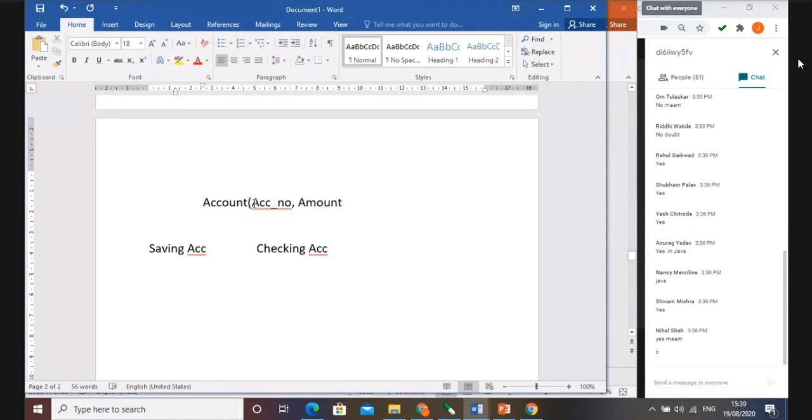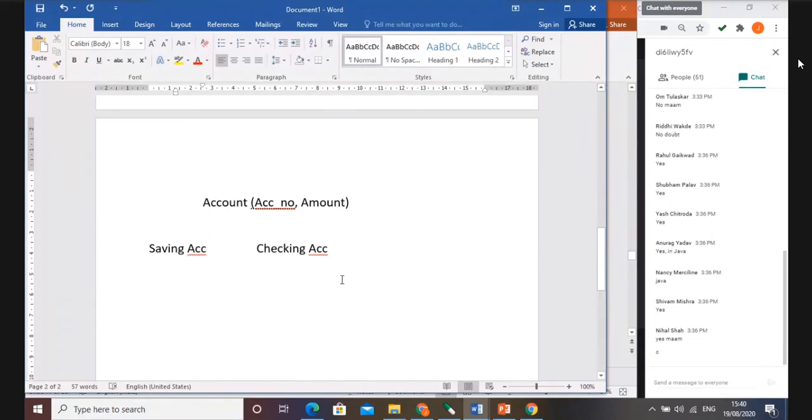Right now I'll take two. With the main entity, that is my parent class, I have account number and amount. Out of that, account number is my primary key. Clear? Now I have divided this account into two parts, saving and checking account.